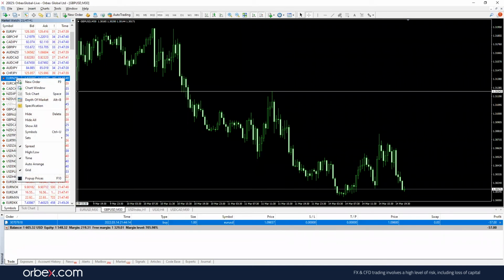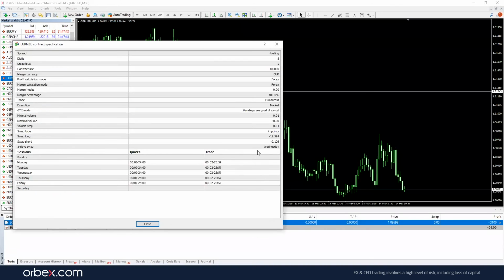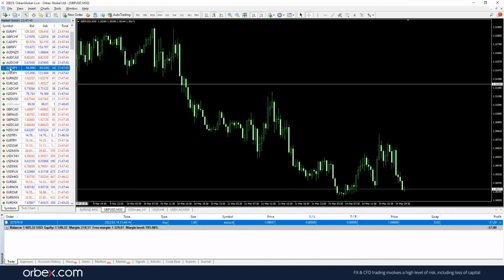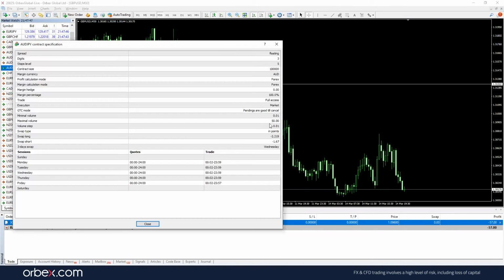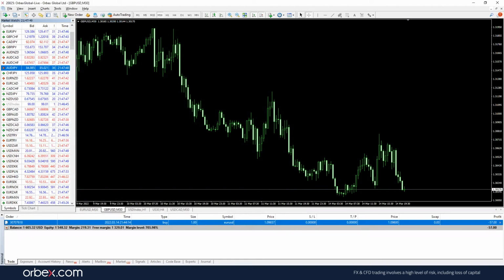So just have a little look. If you're deciding to leave trades open overnight, this can lead to a possible charge or possible profit, depending on what is happening in that result as well.